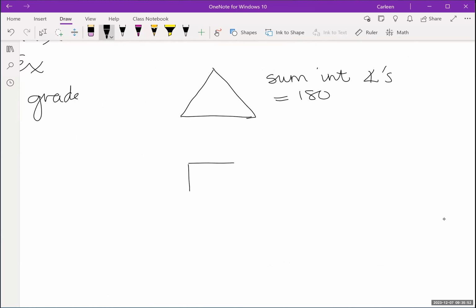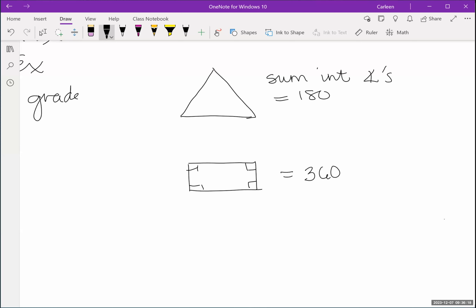Okay, how about a rectangle? What is the sum of the interior angles? All right, so that is going to be 360. So 180 for a triangle, 360 for a rectangle.